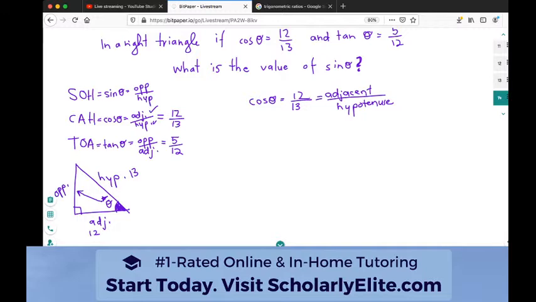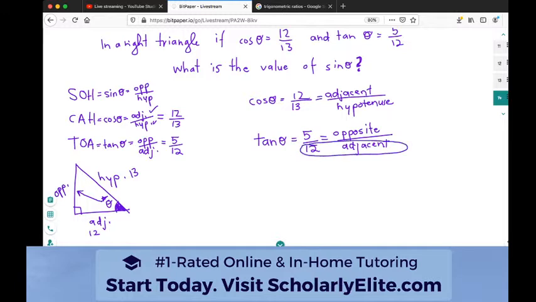Okay, so now we also have another piece of information, and that is that tan of theta is equal to 5 over 12. And we know that that makes sense because tan of theta is equal to opposite over adjacent. And we already know that we solved for adjacent in the last part, and we know that adjacent is 12, which makes sense, right?